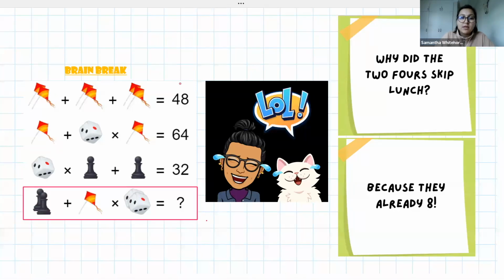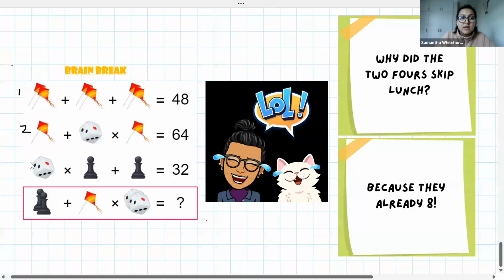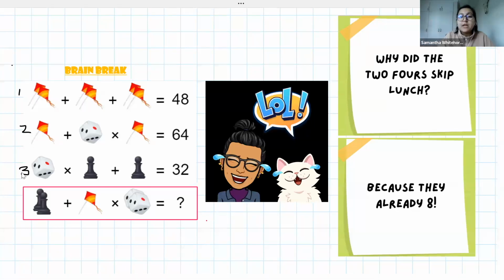There's a question mark there. You need to look at everything you've been given in the first, second, and third lines or steps, and work out the value of the kite, the dice, and the chess piece so that you can tell me the value of the last equation. Give that a try. I'm going to wait to see the right answer. I also need to do it so that we can all be on the same page. I wait in anticipation to see the right answer.